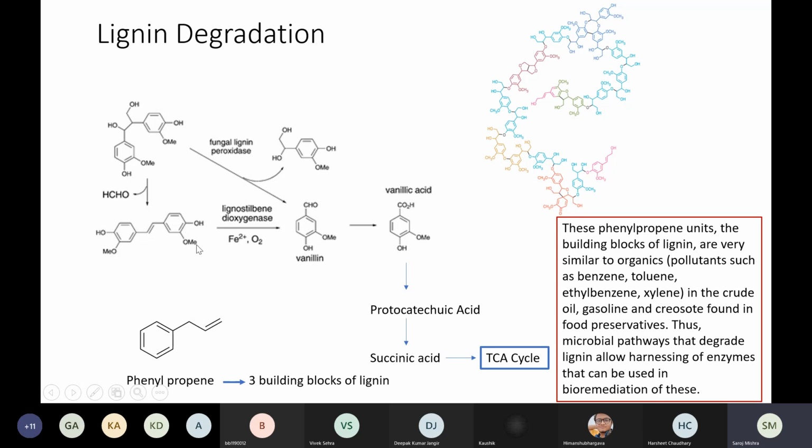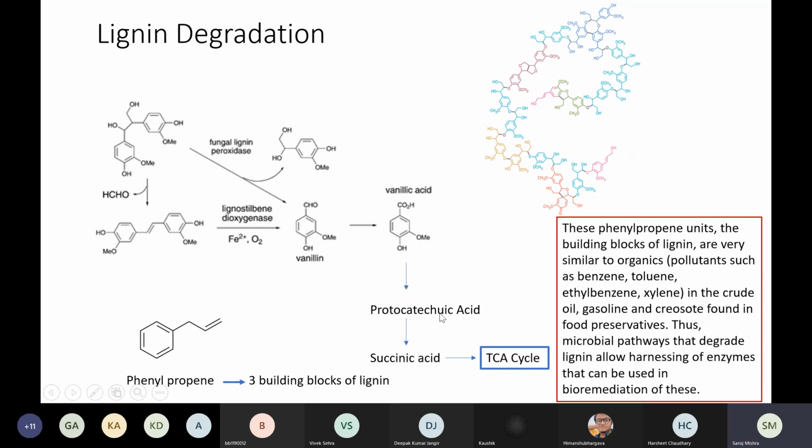Or for example, you can have something like this happening: a formaldehyde group is going to leave, and then you have this, and then microbial activities like dioxygenases will act on them in order to convert this into vanillin. And vanillin gets converted into vanillic acid, into protocatechuic acid. You just have to remember the brief outline of it.